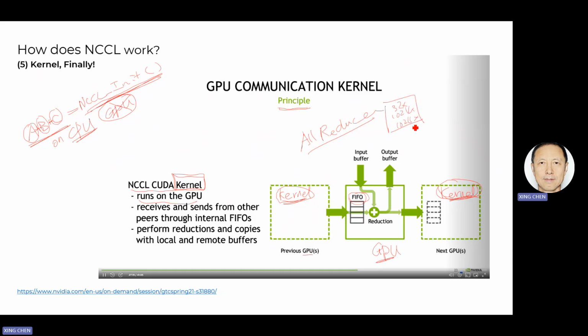We need to do the all reduce of this big array, and this big array is in the memory of each GPU. You have an array in this GPU, another array in this GPU, and another array in the memory of this GPU.